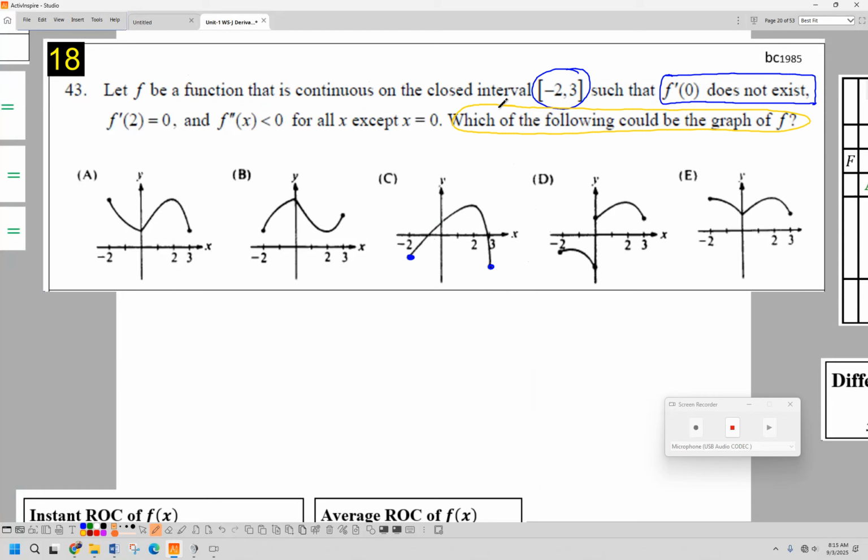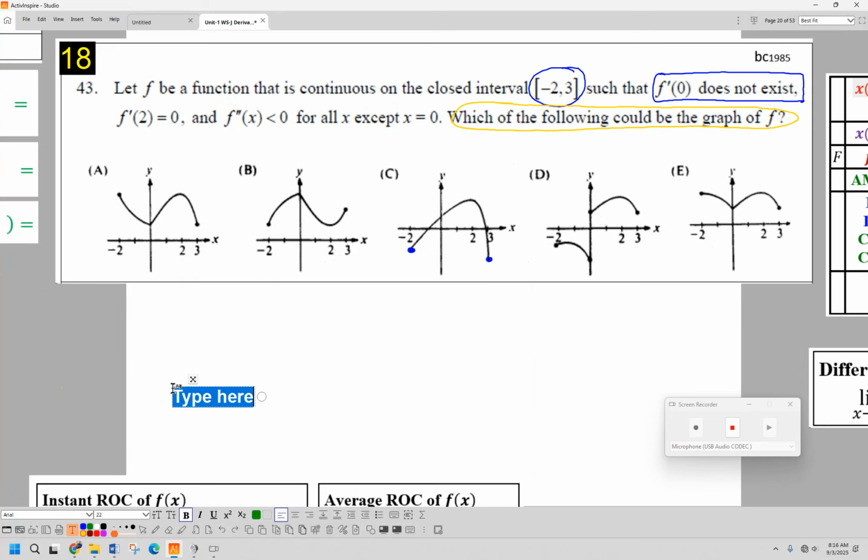So f prime of 0 does not exist indicates, so somebody raise your hand and tell me what, if you don't know it's okay, but I'm curious if anybody can remember what that would mean.